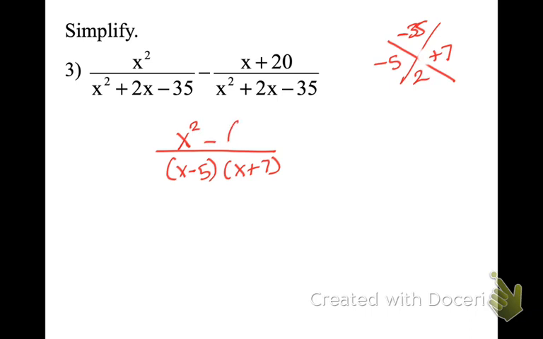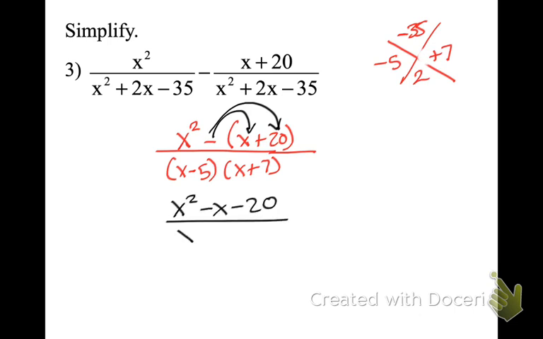Okay. X squared minus that binomial, x plus 20. Okay, guys? X squared minus that whole binomial. That has to be distributed. X squared minus x minus 20 all over x minus 5 times x plus 7.